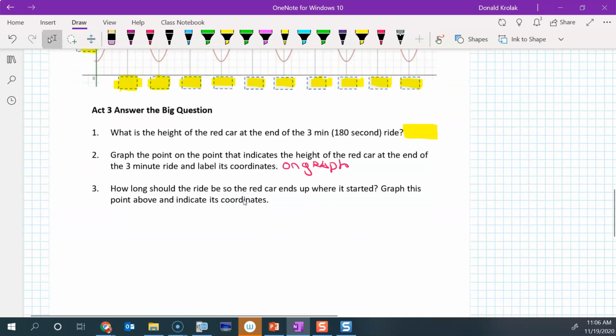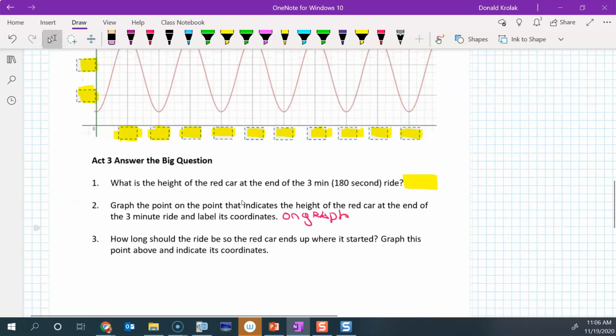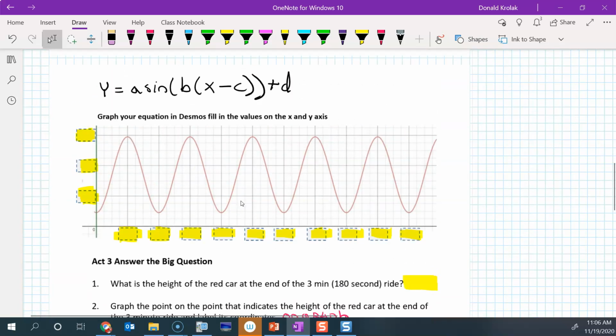And then the final question is, how long should the ride be so that the red car ends up where it started? So here's your start point. And we already know this is like 9 feet.